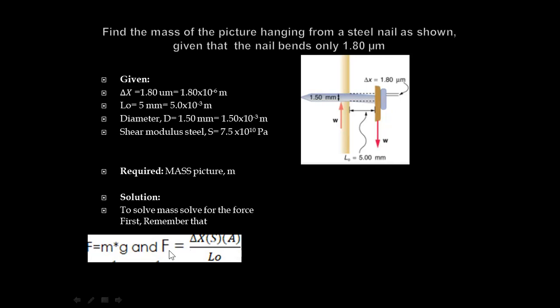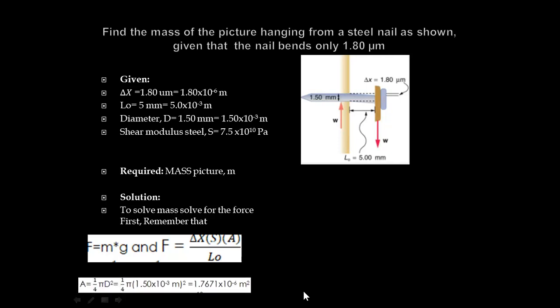If we manipulate it to bring out force, force F is equal to delta x, or the shear deformation, times S, the shear modulus, times A, the cross-sectional area of the material, over the original length of the material.